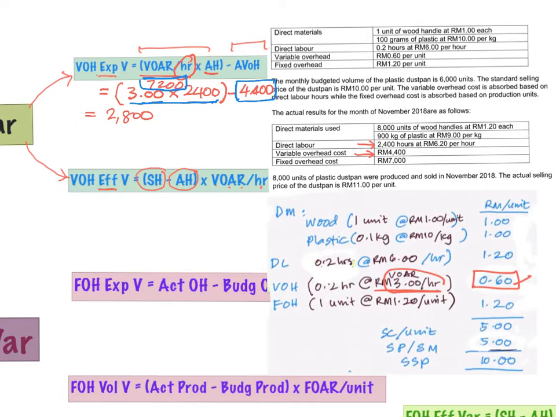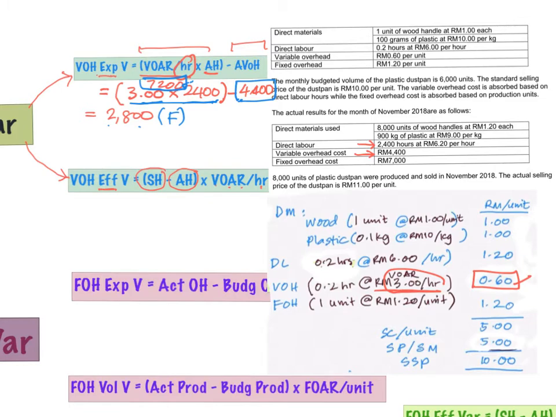So it means that you have spent less than what has been budgeted. So in this case, we have 2,800, and this is what we call a favorable variance because you spend less than what you have budgeted. Okay, so that is variable overhead expenditure variance.